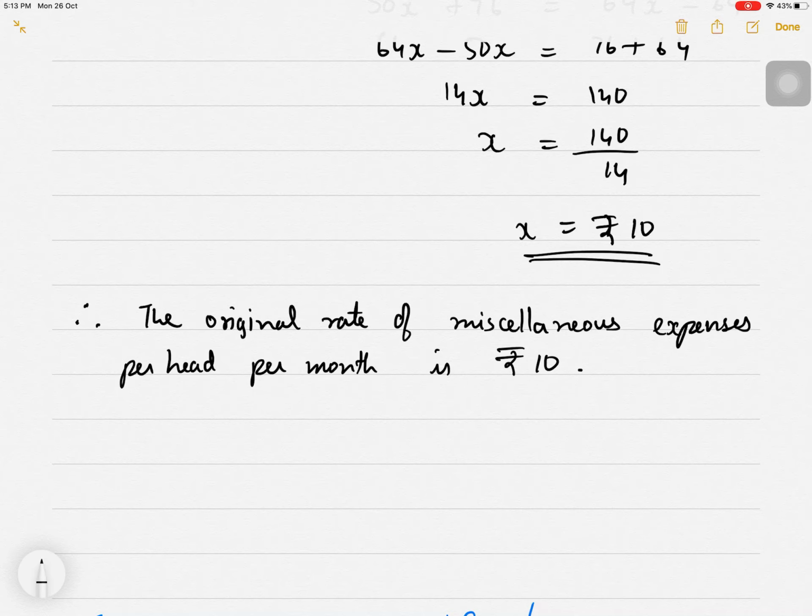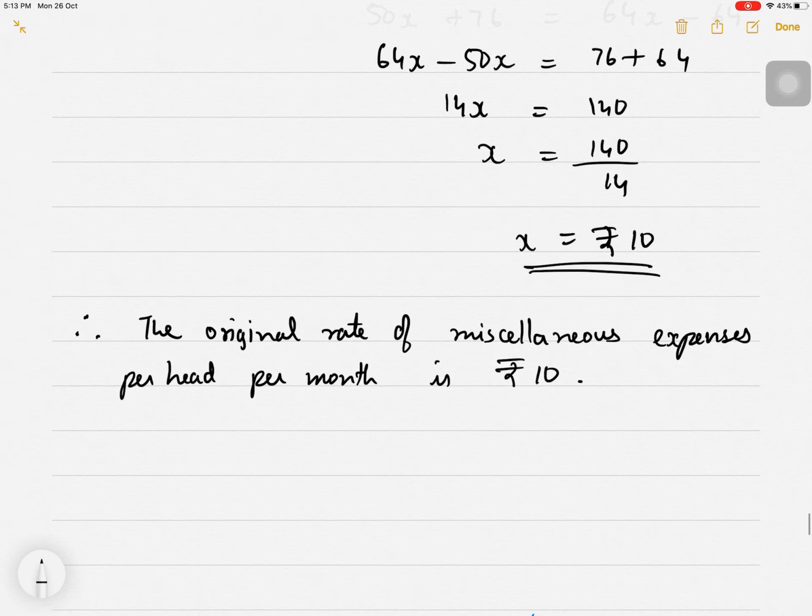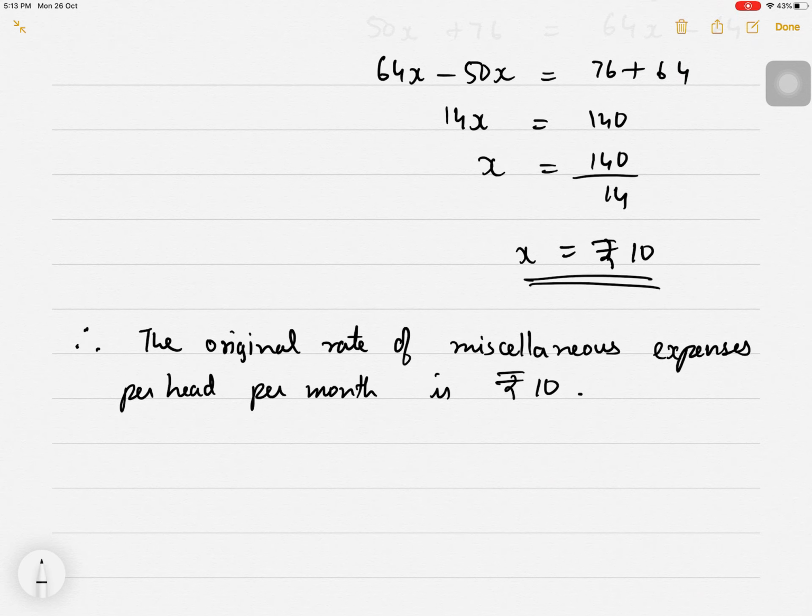Original is 10 rupees when there were 50 members. So monthly expense per head was 10 rupees. Now there are 64 members. Monthly expense per head will be 9 rupees because it has reduced by 1 rupee, no? But that is not asked. Only the original rate of miscellaneous expense per head per month is asked, which is rupees 10.